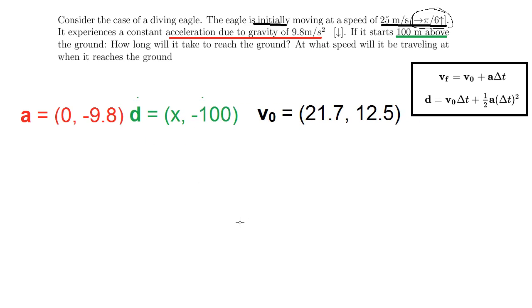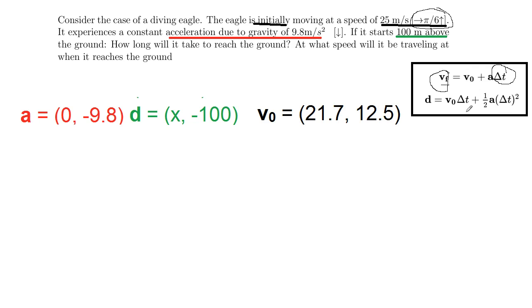If we take a look at these two equations here, we have a bunch of variables that we don't know. If I take a look at this top one, I do know what v final is. I don't know what v naught is. Right, so I don't know this, and I don't know delta t.